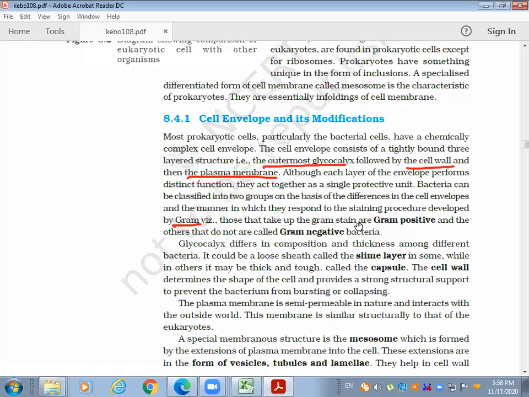Those that take up the Gram stain are Gram positive, and the others that do not are called Gram negative bacteria.